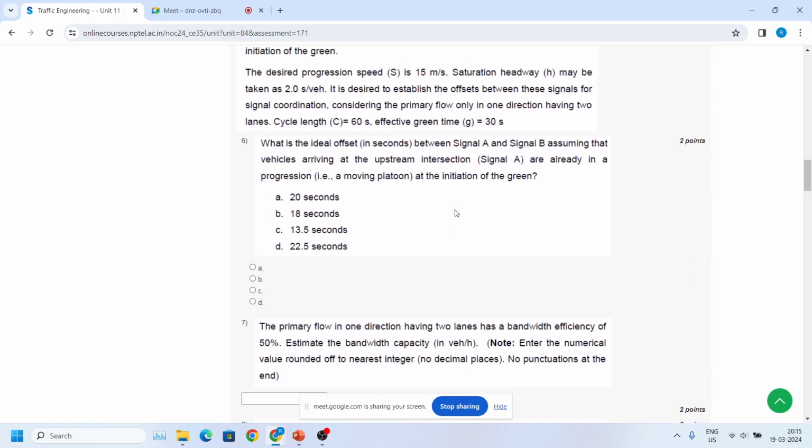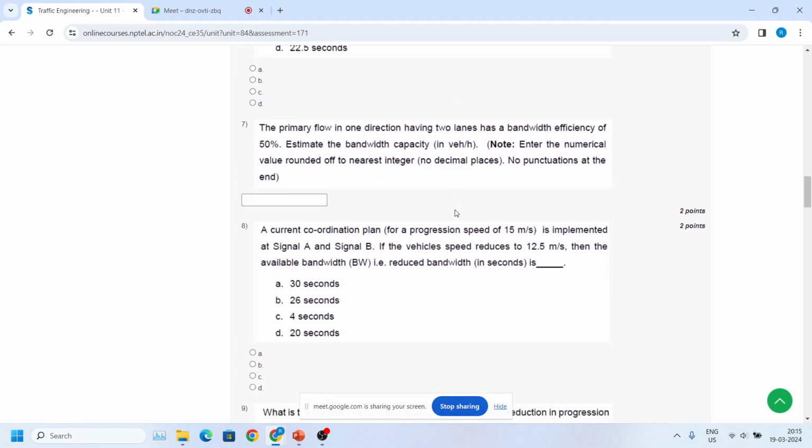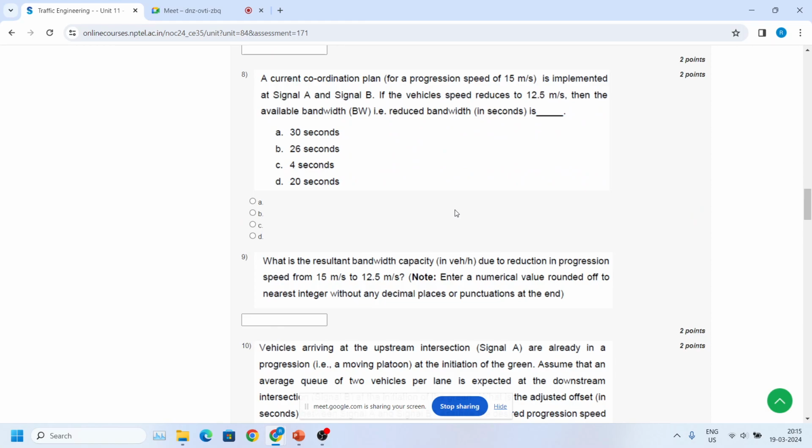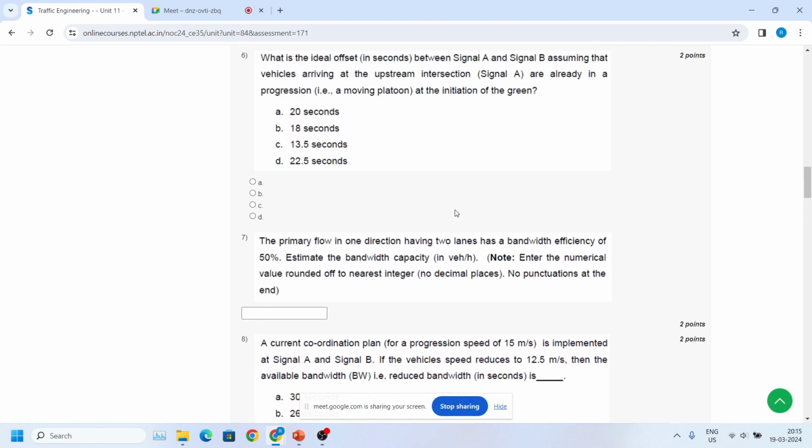Saturation headway here is 2. Okay, for this problem in the assignment, you just need to have the bandwidth efficiency, and from that you can directly get BW by C as the efficiency, and I think that value is 50%.